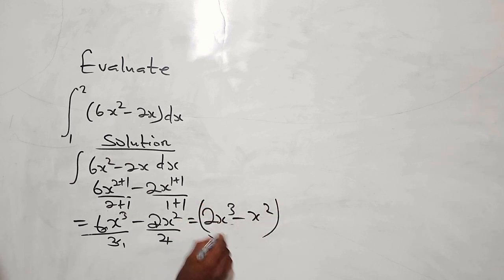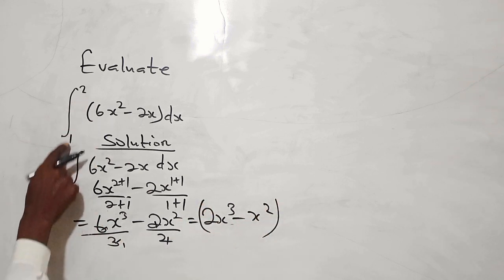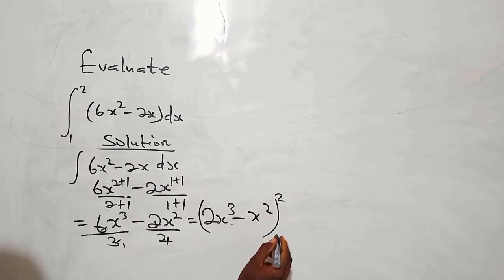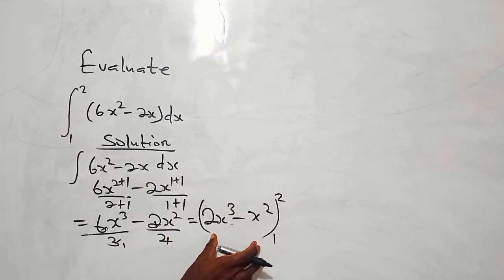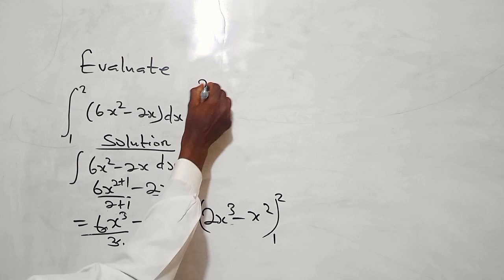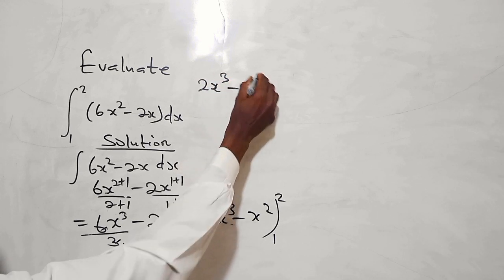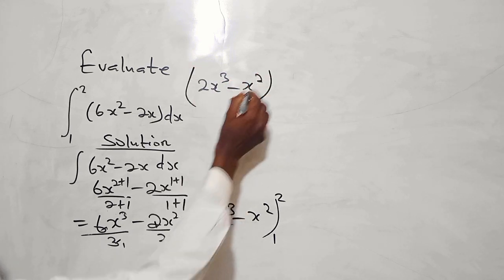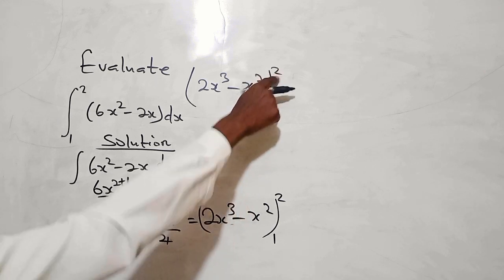Now you can apply the limits of integration, which are 2 and 1, to 2x raised to power 3 minus x squared.